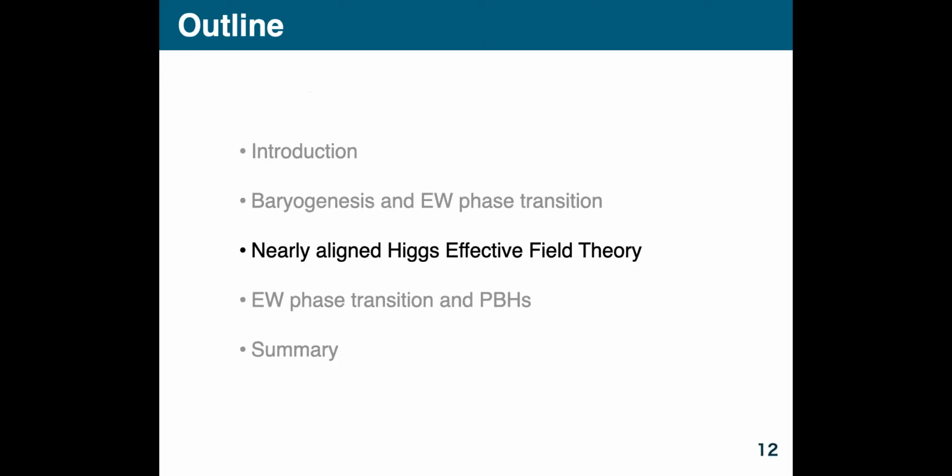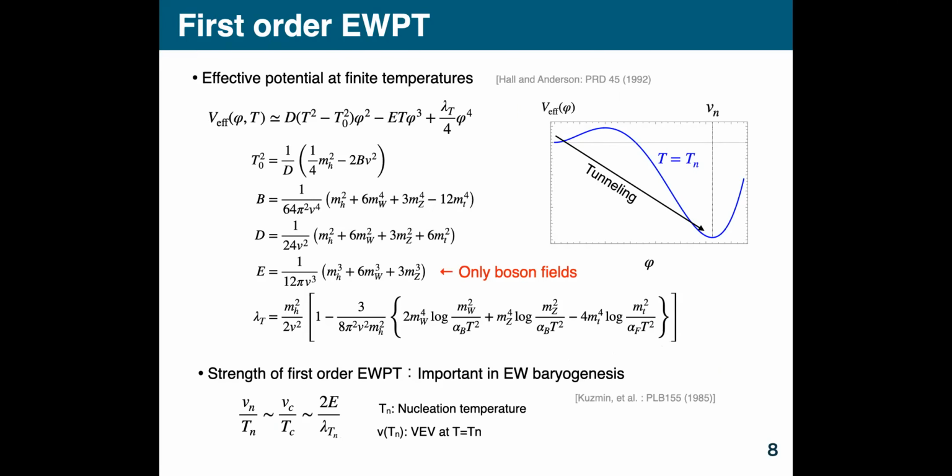Do you assume that your nearly aligned EFT applies in the whole region, both for the first vacuum and the second vacuum?